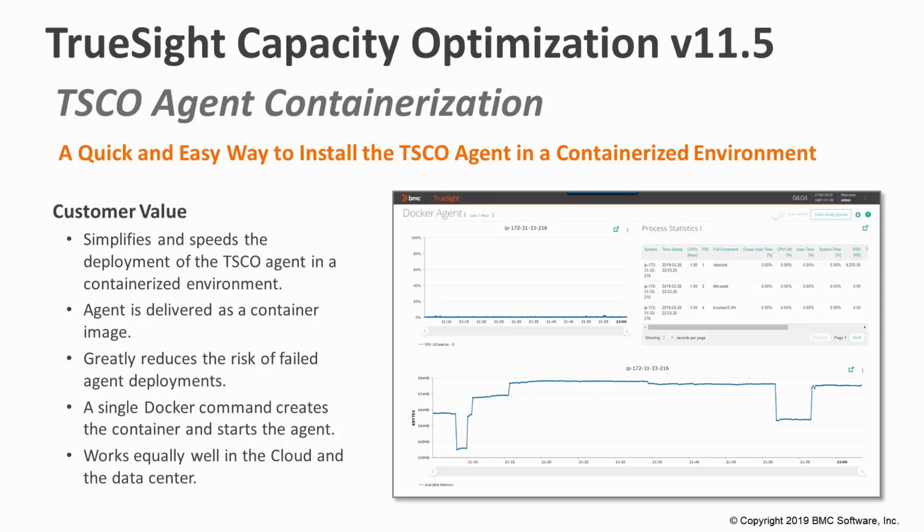And so they're trying to deploy the agents, and they're getting failures because of differences in system configuration. So that's one of the beauties of containers, is the configuration basically is all isolated and wrapped around the agent. So a single Docker command creates the container and starts the agent. It's very quick, and it works equally well in the cloud and in an on-premises data center.